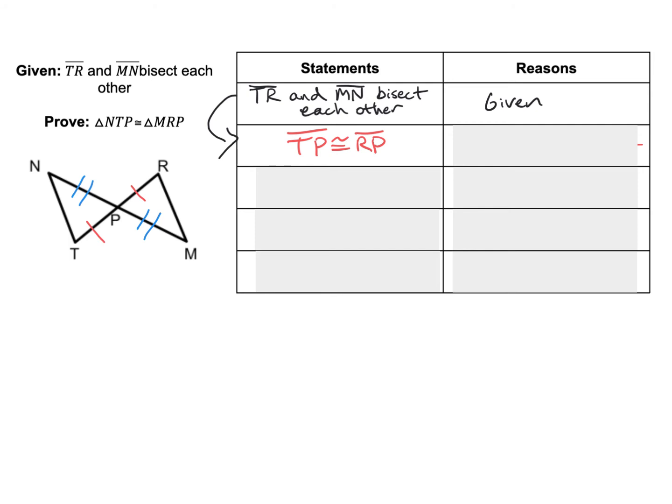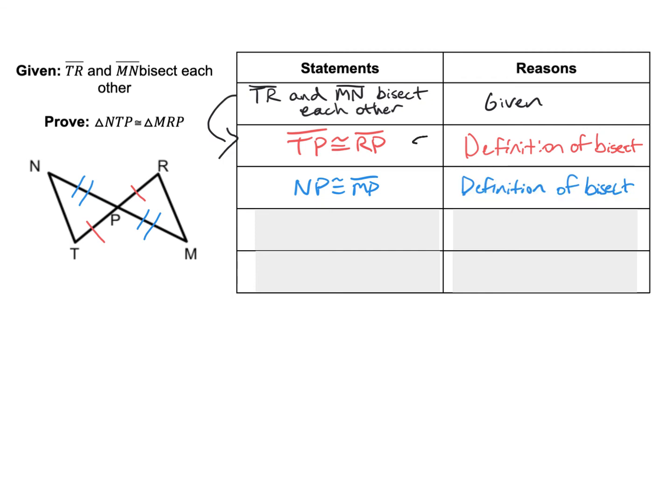Now the reason for that is simply the definition of bisect. We also then can say that NP is congruent to MP for the same reason. And if we're taking inventory of sides and angles, both of those are congruent sides in those two triangles. So we're 2/3 of the way to be able to prove those triangles congruent.